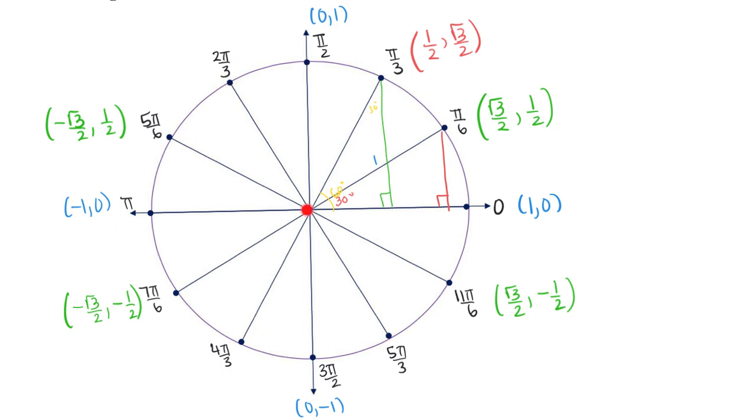So if I go to this one, since I'm in quadrant 2, x is negative, y is positive. If I go to quadrant 3, x is negative, y is negative. If I go to quadrant 4, x is positive, y is negative.